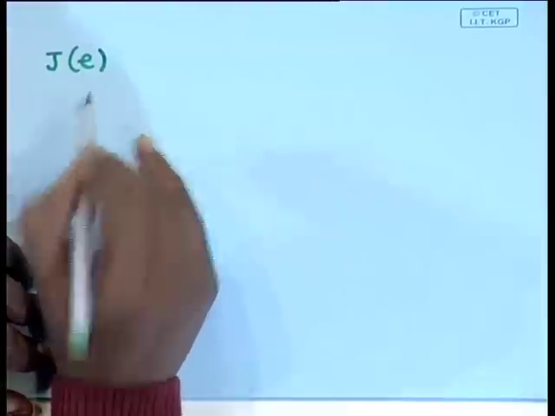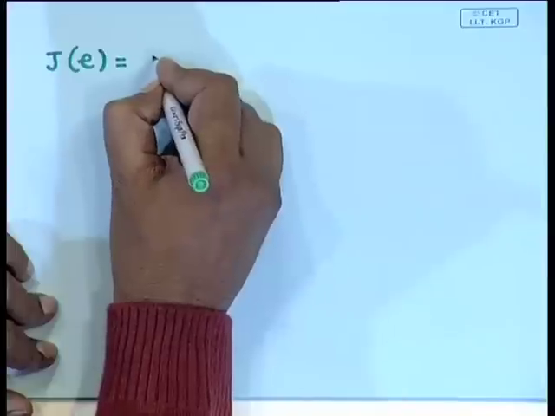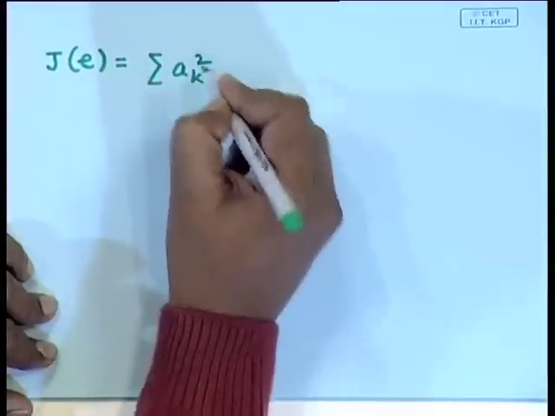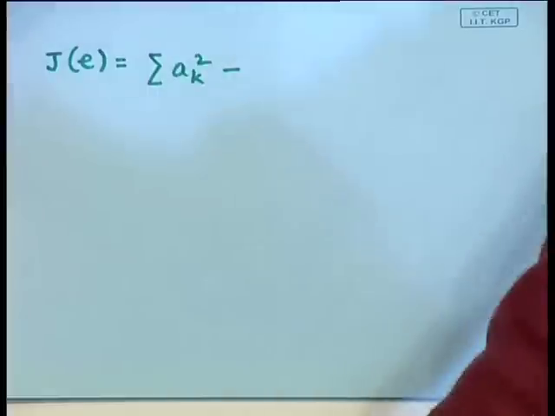This is the unit vector in the direction of the line. So, J of E is equal to summation of a k square, minus, what did I have? What is that expression?